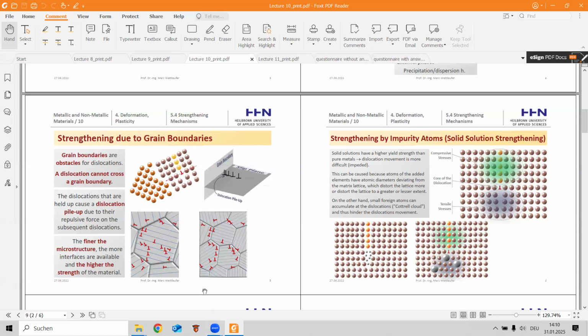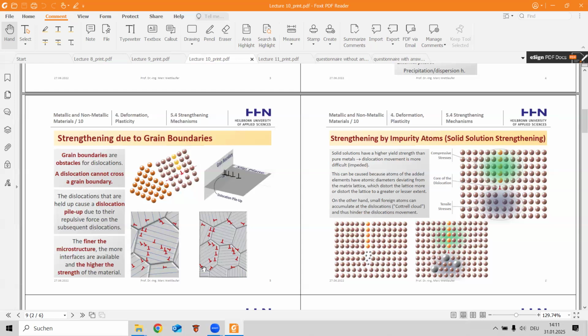Strengthening by impurity atoms, solid solution strengthening. Solid solutions have a higher yield strength than pure metals. It's more difficult. This can be used because atoms of the added elements have atomic diameters deviating from the matrix lattice, which distorts the lattice to a greater or lesser extent.